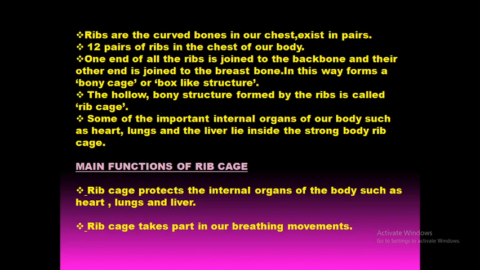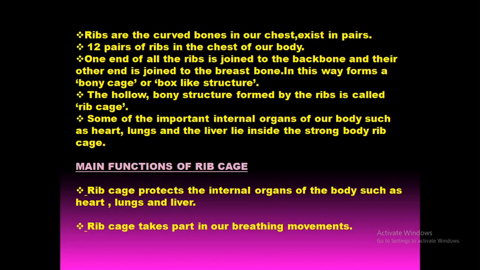Some of the important internal organs of the body, like what are the organs present here? The heart, the lungs, the liver, which are residing inside the rib cage. So from here we can say that the function of the rib cage is giving proper protection to these internal organs, because before also you had seen the internal organs, as they are very much important for the entire body, that is why they need to be protected.